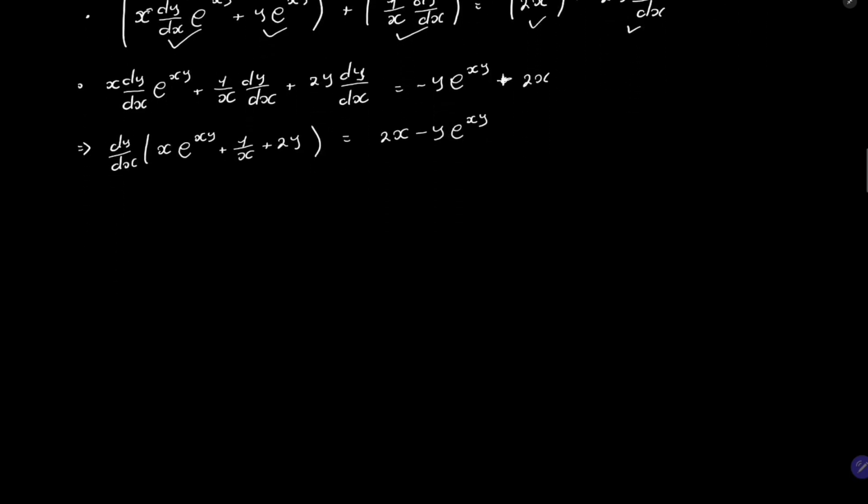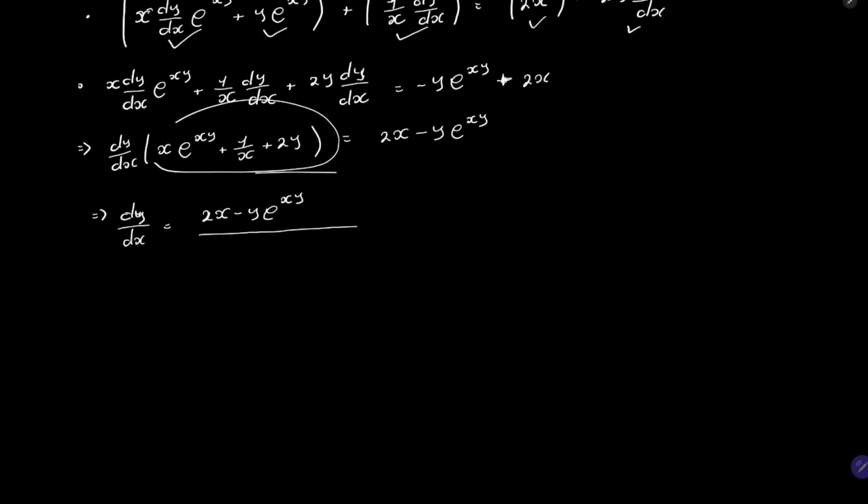So in order to calculate dy/dx, all we need to do is divide both sides by this term, leaving us with dy/dx being equal to 2x minus y e^(xy), all divided by x e^(xy) plus 1/x plus 2y.